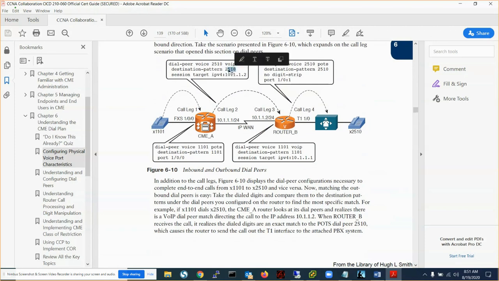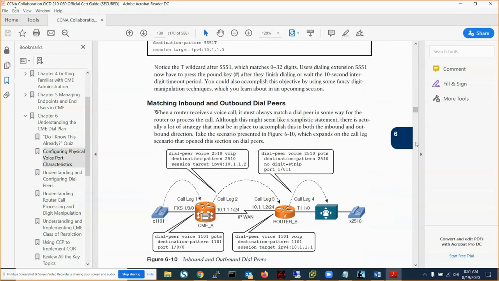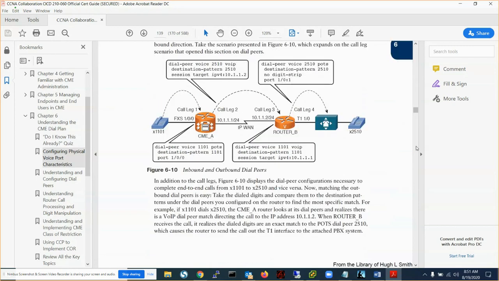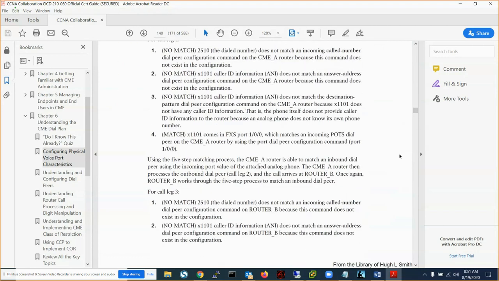So it doesn't have an outgoing destination pattern for 1101. The destination pattern dial peer is 2510, right? Right, so for step 4, it gets a match because it has a port.